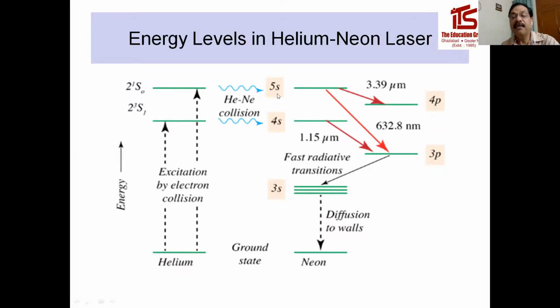And 5s2 levels manifold. When the population of these two upper levels exceeds that of the corresponding lower level, 3p4, to which they are optically connected, the population inversion is present.